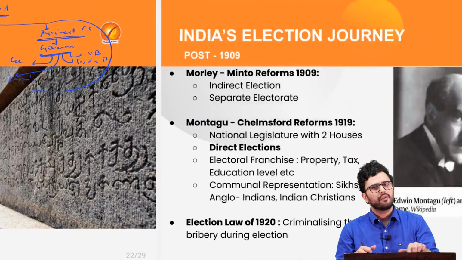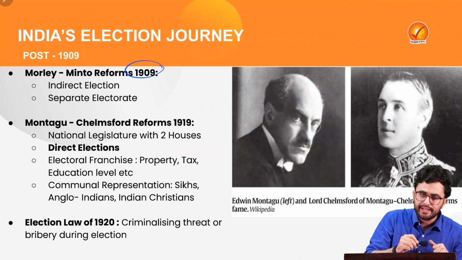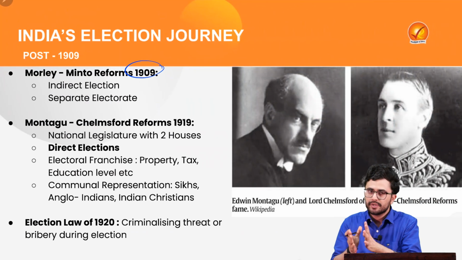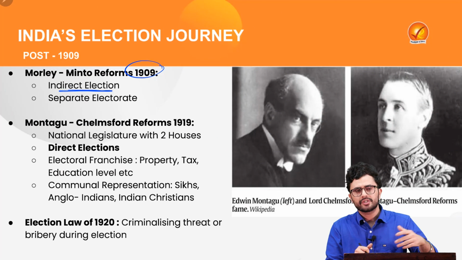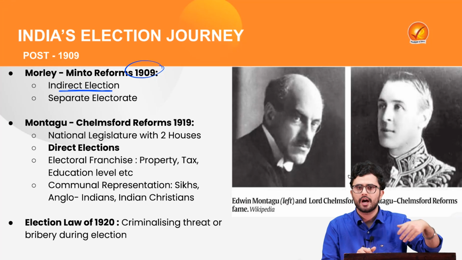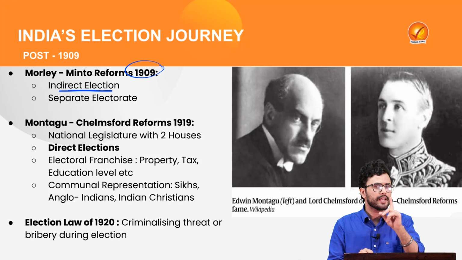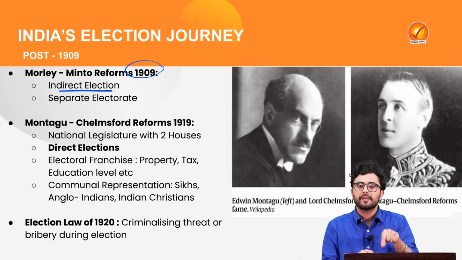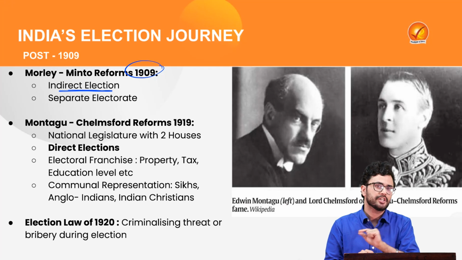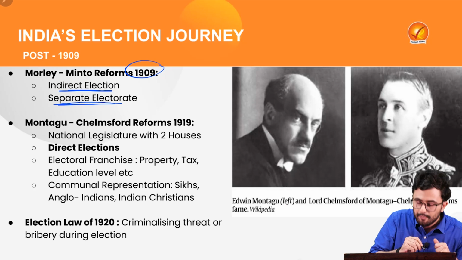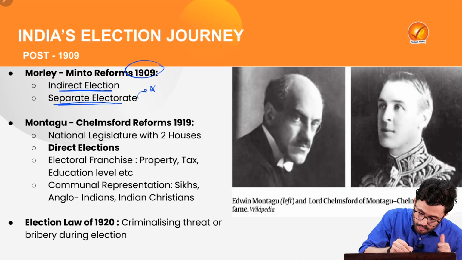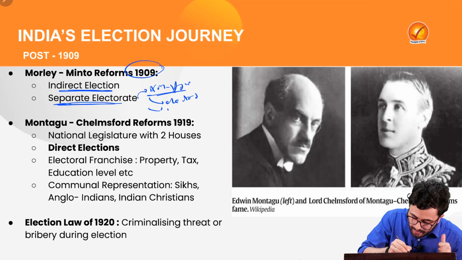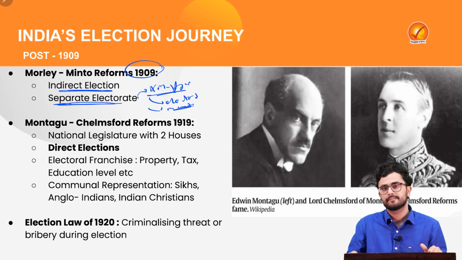The Morley-Minto reforms of 1909 further expanded this principle of indirect election by providing representation to Chamber of Commerce, zamindars, trade boards, universities, etc. And at the same time, it introduced communal representation by providing for separate electorate for Muslims, which meant that the Muslim non-official members will now be elected only by the Muslim voters.